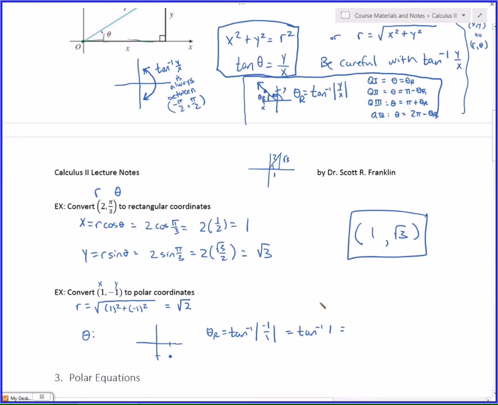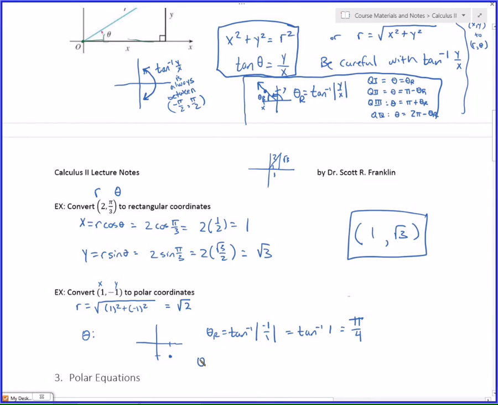And you can look these up on your table. You're looking for what angle, when I take the tangent, gives me 1. Which triangle has the y over the x always equal to 1? That would mean y and x are equal to each other, which is a 45-degree angle, or pi over 4.